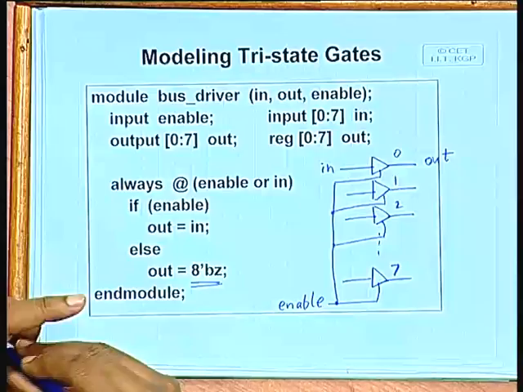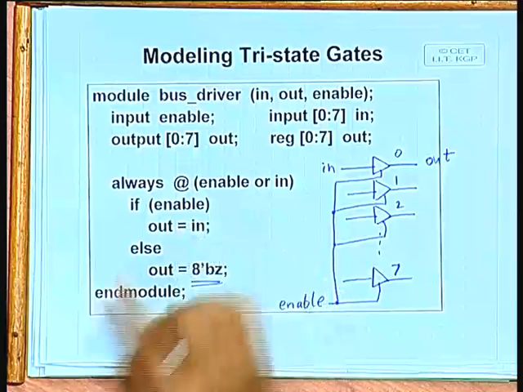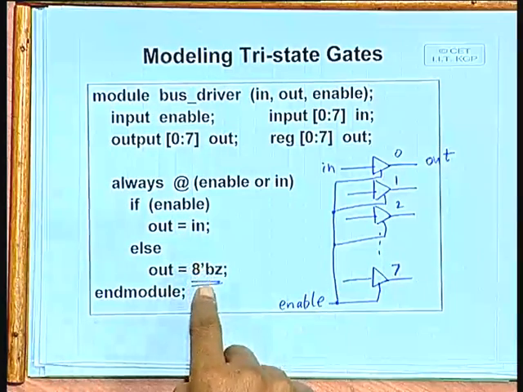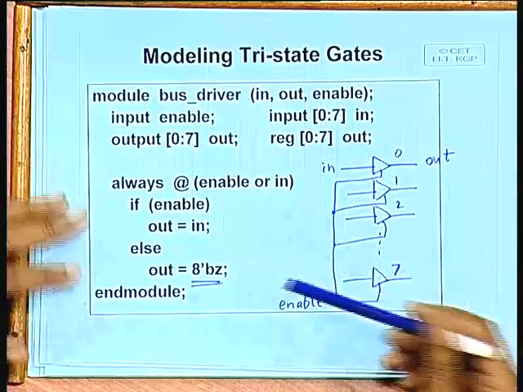But in a continuous assignment, if you drive 2 computations into the same net, by default it will not synthesize as tri-state. Explicitly you will have to specify in this way that you require a tri-state gate out here, and only then will it be synthesized as a tri-state, right. So this is one way you can do that, fine.